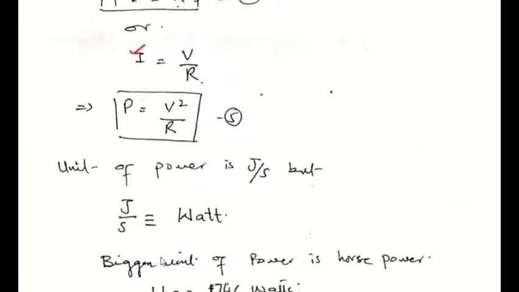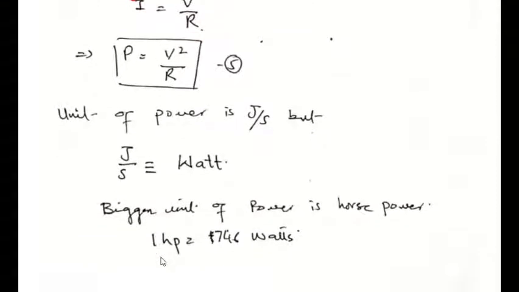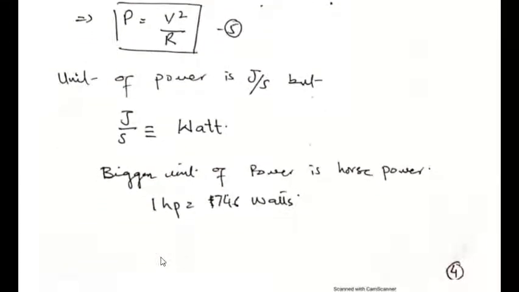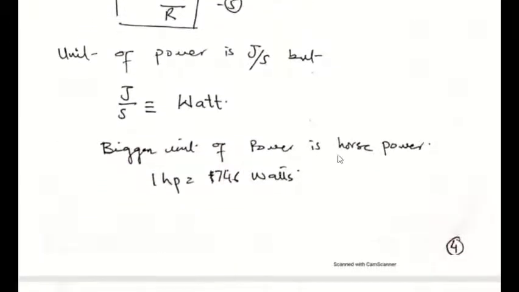The bigger unit of power is horsepower, and 1 horsepower equals 746 watts.